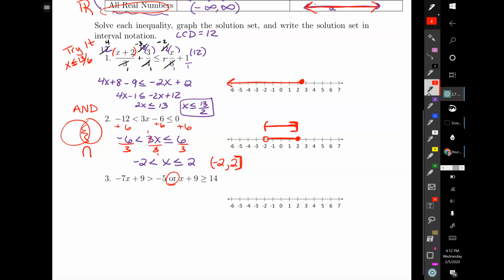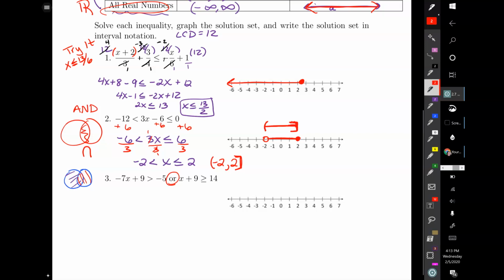Now this one, number 3, reads negative 7x plus 9 greater than negative 5 or x plus 9 greater than or equal to 14. And this we're going to represent as a union, which means we would have everything in both circles included.